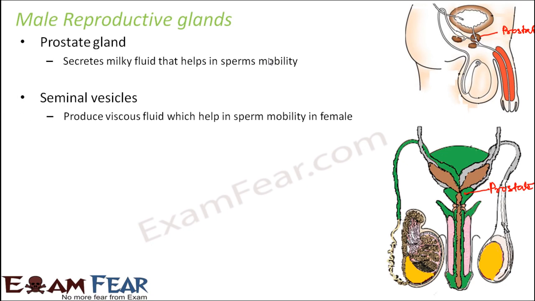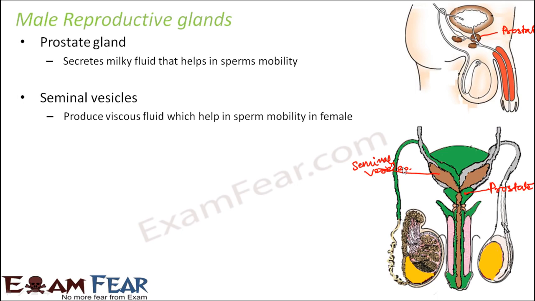So what do the seminal vesicles do? They produce viscous fluid which helps in sperm mobility in the female. Seminal vesicles are present in the males. These are the seminal vesicles, the brown colored structures. These glands secrete a fluid that is a little viscous.